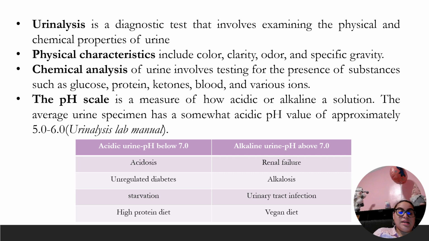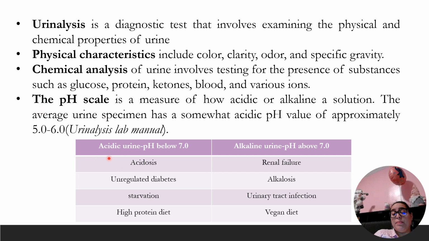Urinalysis is a test that examines the physical, chemical, and microscopic properties of the urine. It can provide valuable information about a person's overall health, including kidney function, hydration levels, and potential infections. We can also measure the pH.